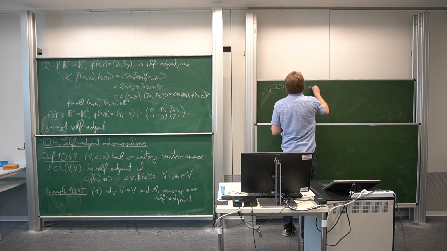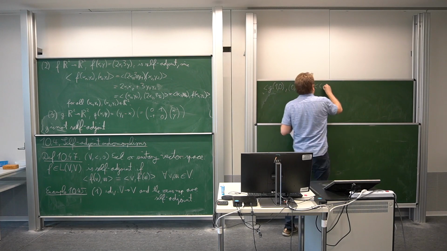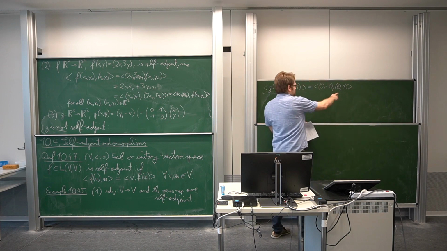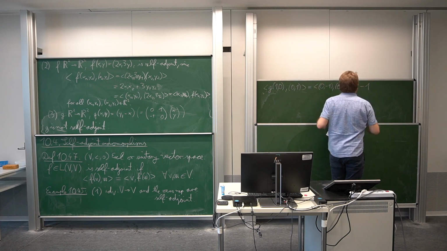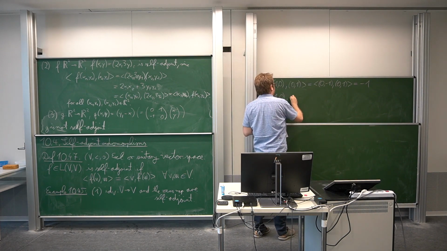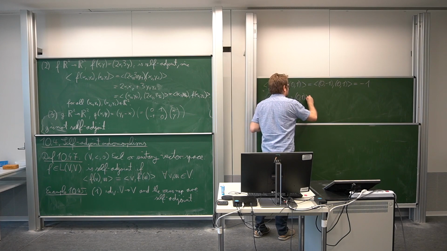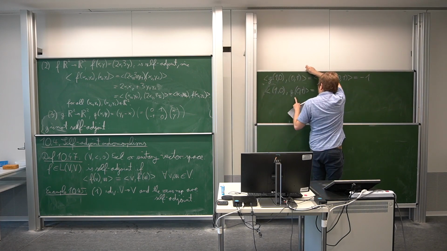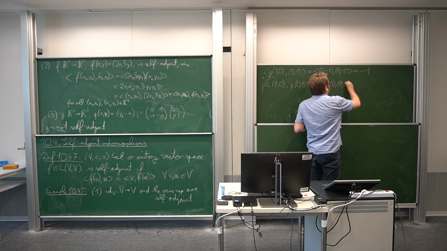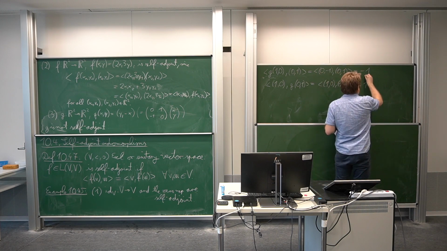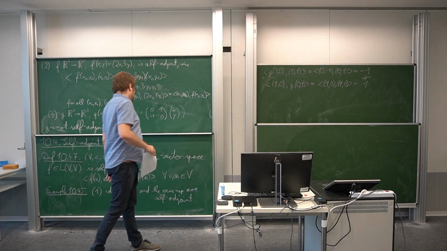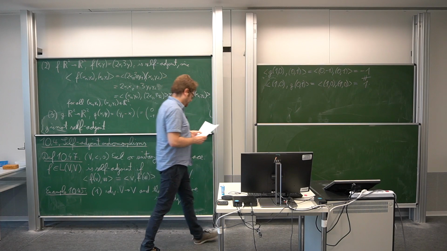Okay, by definition, g of (1, 0) is just (0, minus 1), inner product with (0, 1), and this inner product is of course minus 1. So let's check the other combination, the inner product of (1, 0) with g of (0, 1). By definition, g of (0, 1) is just (1, 0). So this is the inner product of (1, 0) with (1, 0), which is obviously plus 1. So these two are not equal, so it cannot be self-adjoint. Okay, and we will see in a bit why this is indeed the case for these particular maps.